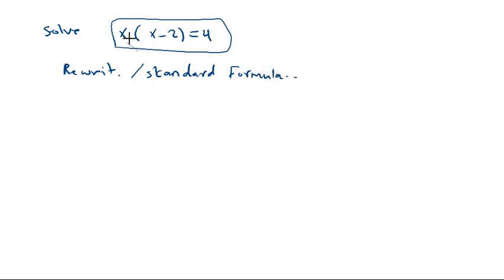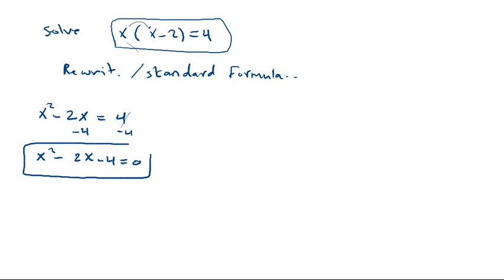So we need to multiply this out: x squared minus 2x equals 4, and let's subtract 4 from both sides. We have x squared minus 2x minus 4 equals 0. Now we have the standard form of quadratic equations.